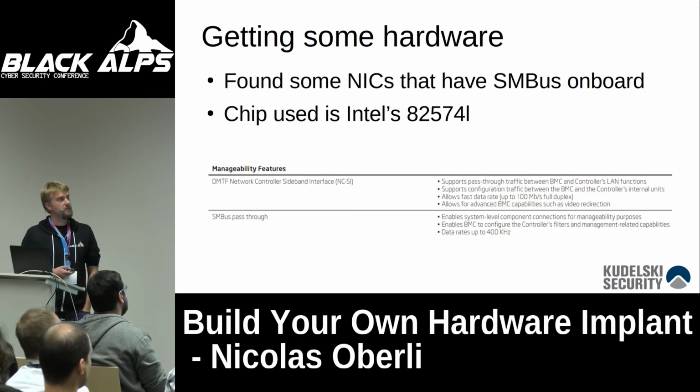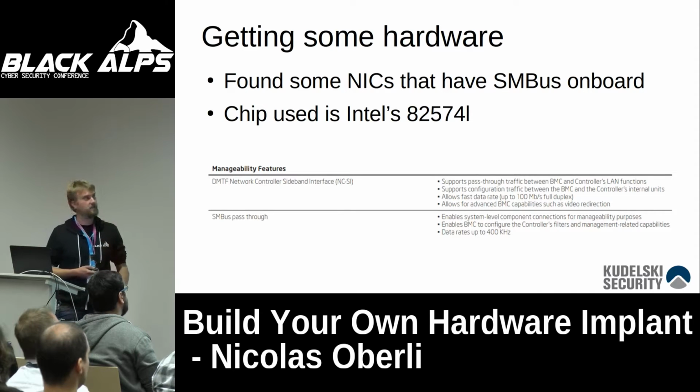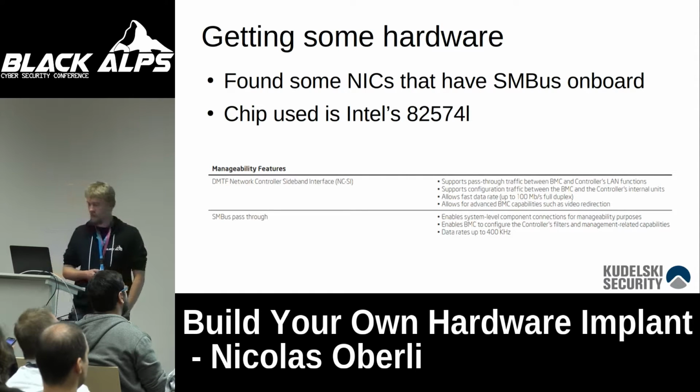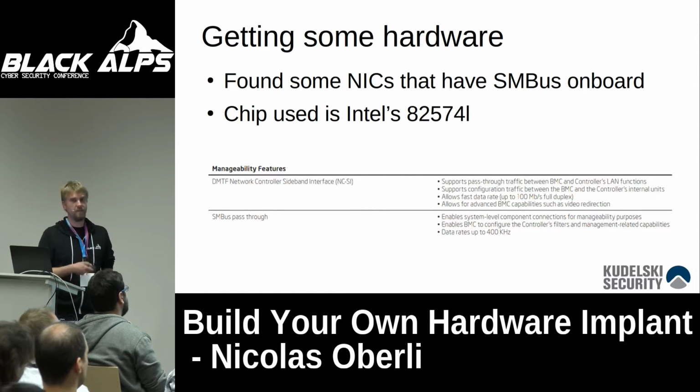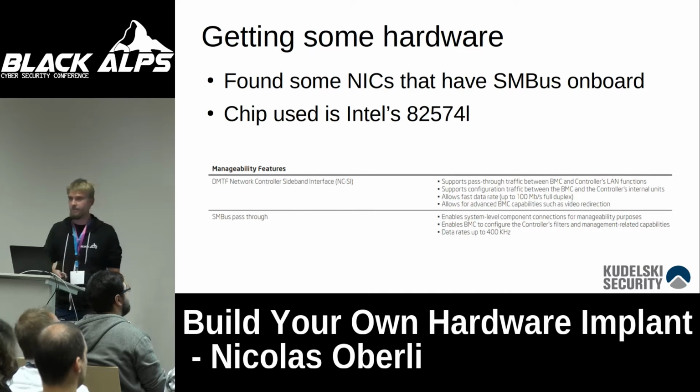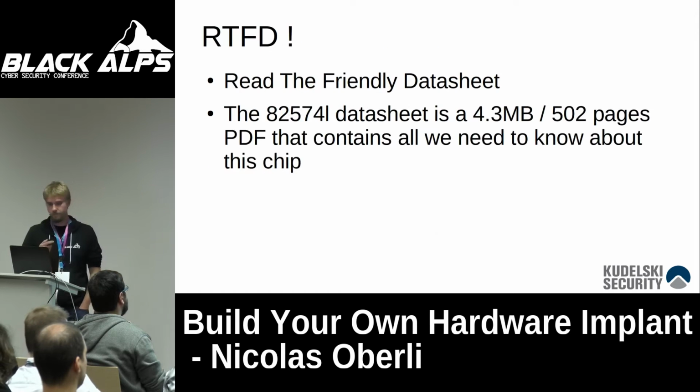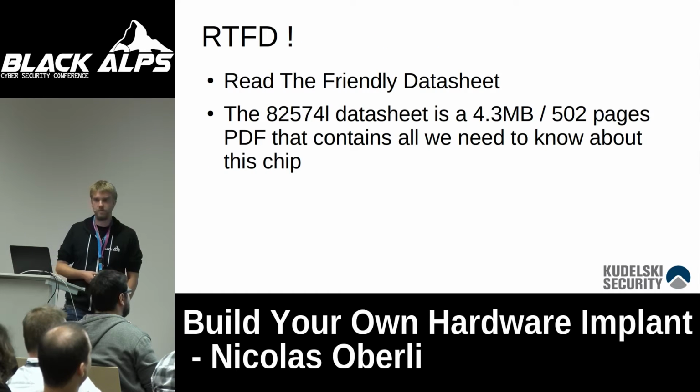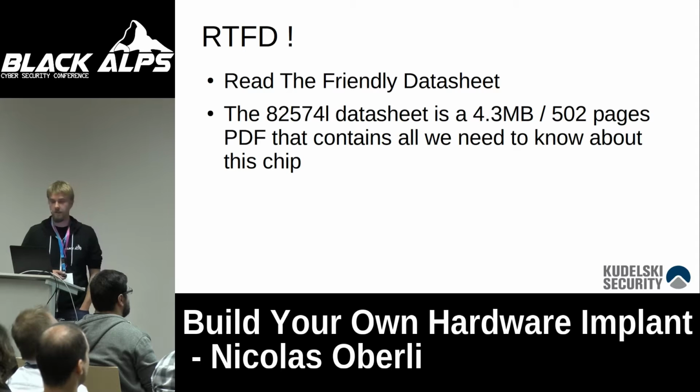So I found on some websites PCI Express network cards that are using that specific chipset. And if you look at the information on the website, you see that there is something called SMBus pass-through on that specific chipset. This is a good thing, so I ordered some of those boards and started to look at the datasheet.